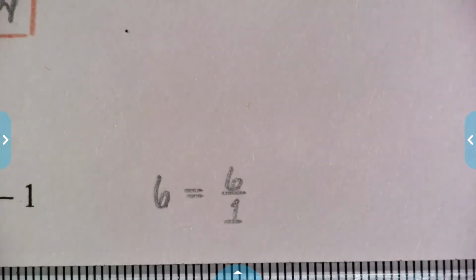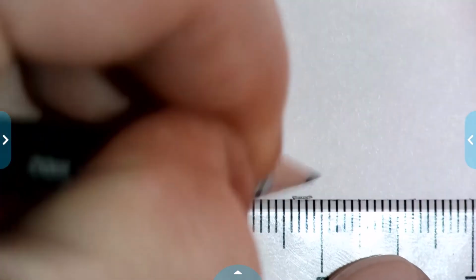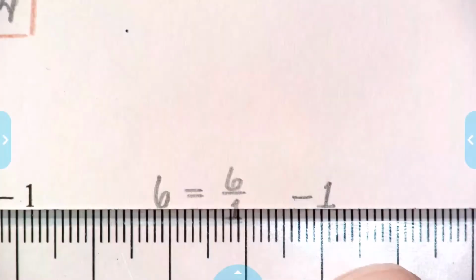Hang on a second. Get some better light on this. 6 equals 6 over 1, and -1 equals -1 over 1.